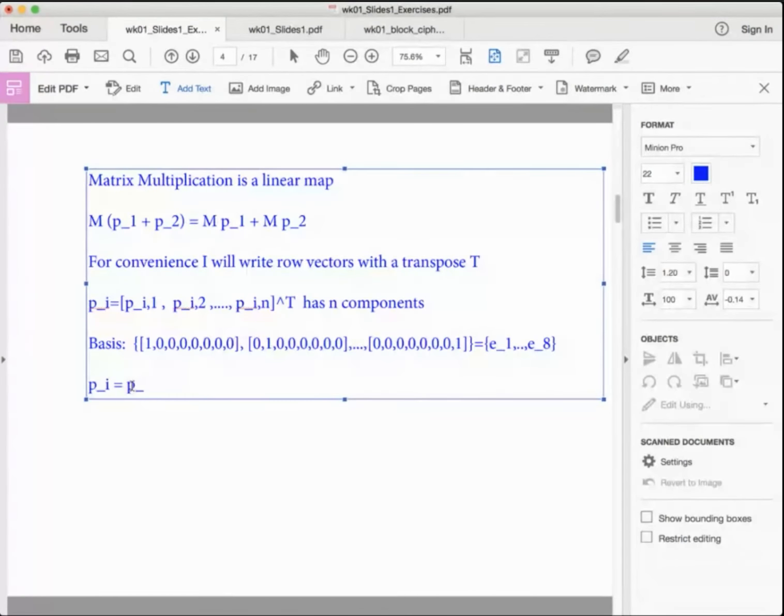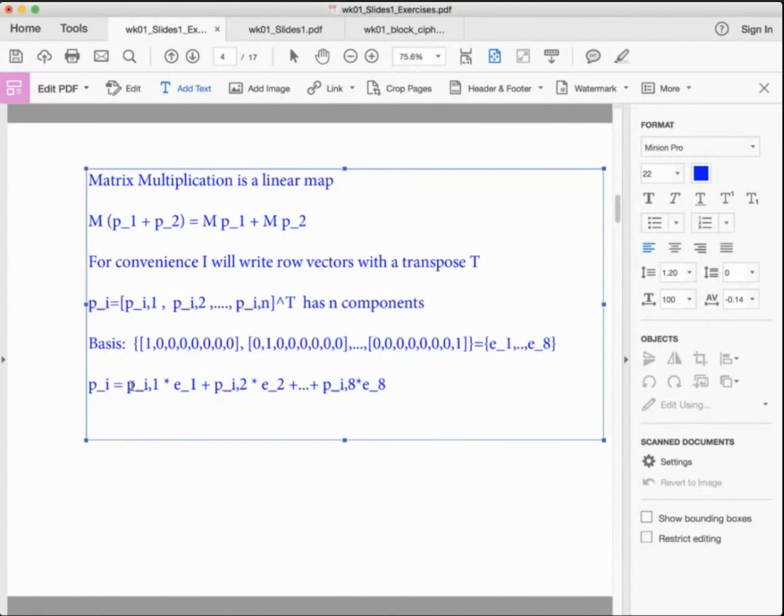Pi is Pi1 times E1 plus Pi2 times E2, and so on. So a tiny example, if you're not sure. It doesn't have to be binary.